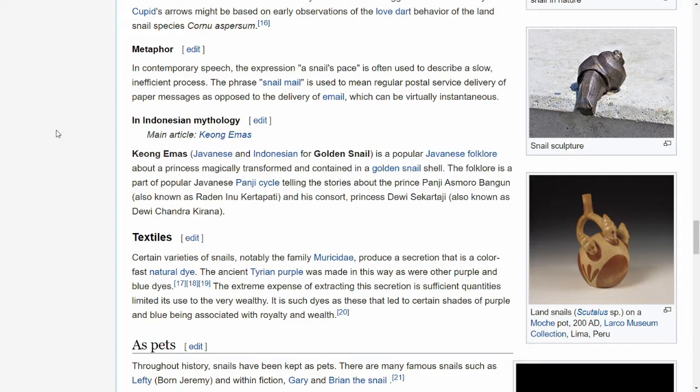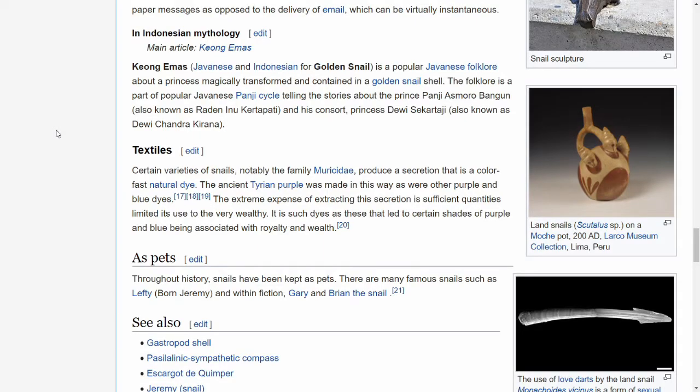The folklore is a part of the popular Javanese Panji cycle, telling the stories about Prince Panji Asmoro Bangun, also known as Raden Inu Kertapati, and his consort Princess Dewi Sekartaji, also known as Dewi Chandra Kirana. That's way easier. I'm gonna call her that.